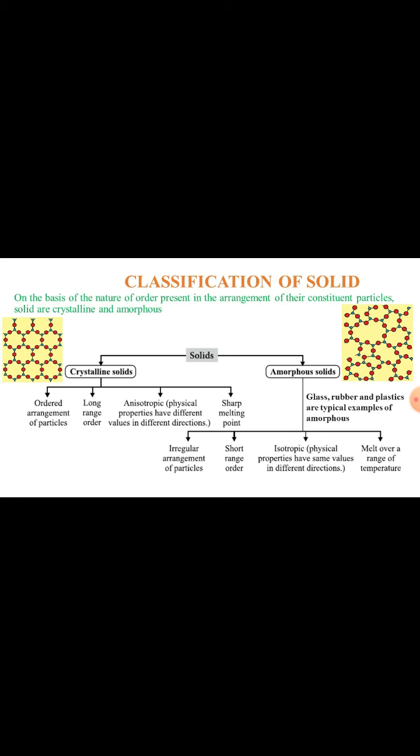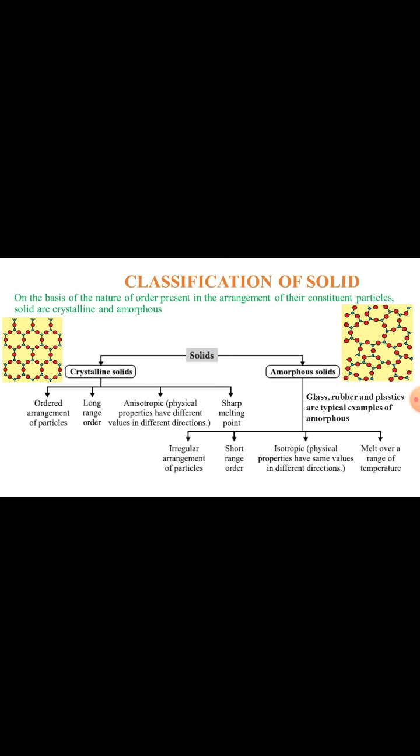Your left side shows the crystalline solid and right side shows the amorphous solid, and focus on the arrangement of particles. In crystalline solids, the particles are arranged in a regular way, and in amorphous solids, the particles are arranged in an irregular way. That is the basic difference between the crystalline solid and amorphous solid.